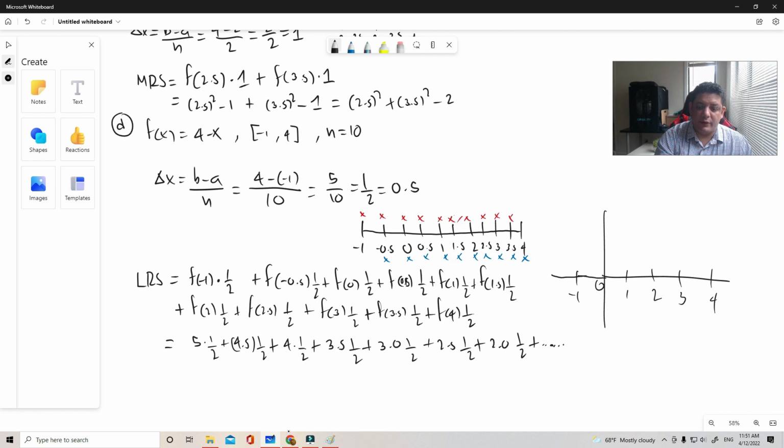If I'm having the function 4 minus x, notice that it's going to start high here. It's going to start here at 5, then it crosses 4, and it's 0 here.